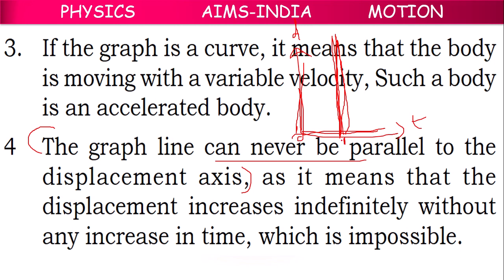Suppose at 1 second, displacement is 2 meters, 4 meters, 6 meters, 8 meters, 10 meters, which means without any change of time, the displacement will increase continuously. This can never happen. Without an increase of time, the displacement can never increase indefinitely.